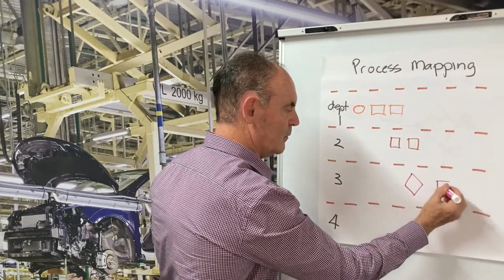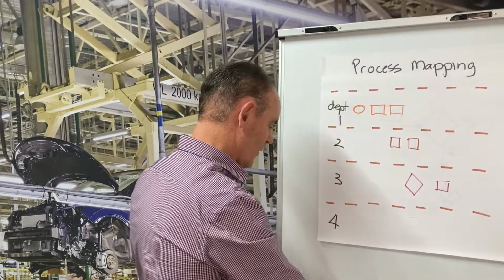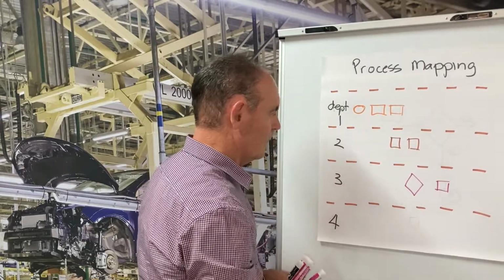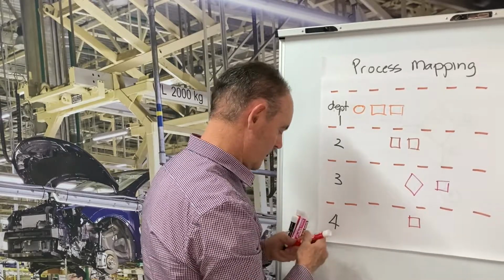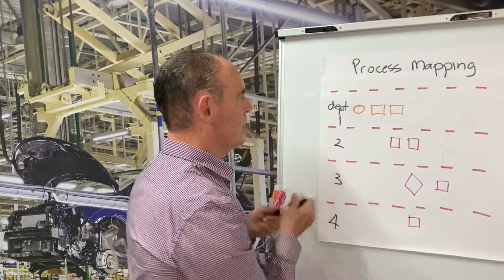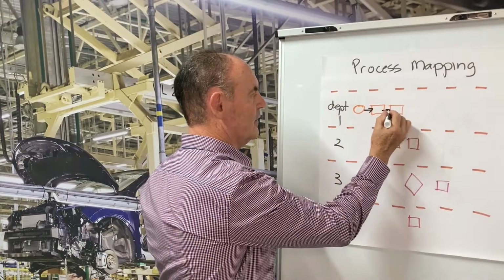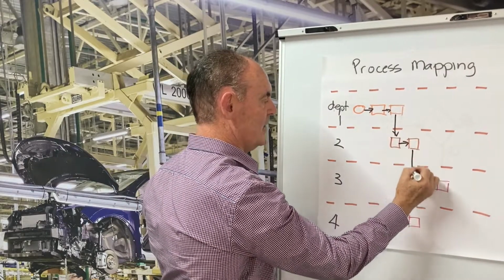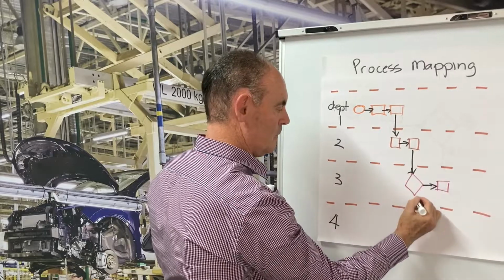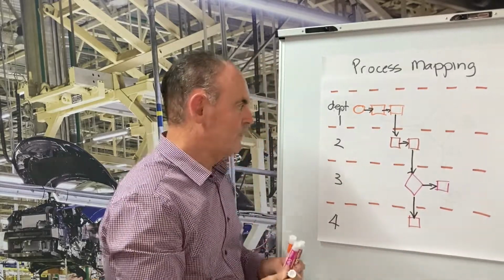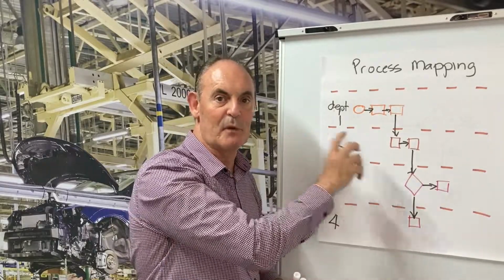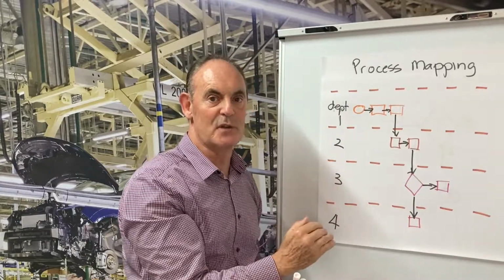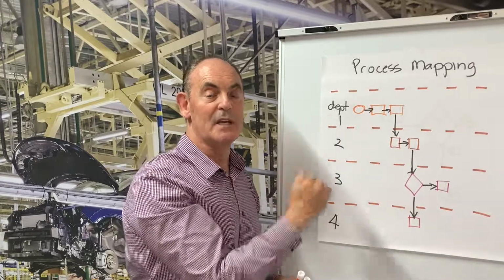So we'll be going this way, or finally, right at the end, we're going here. And then like in a process map, we're just going to link these steps in the process together. So very quickly you can see that different departments have the responsibilities of different steps in a process by putting those steps into lanes.